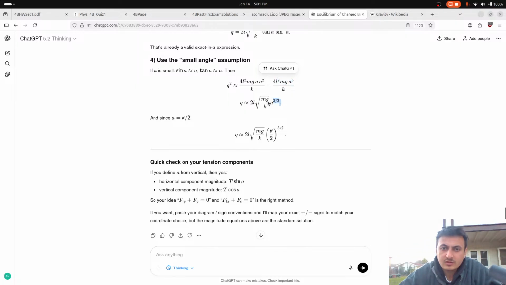What happened here? Oh, no. Okay, never mind. Just a bunch of algebra. It should be enough to just find Q squared, but so then we're going to get 2L square root of mg over K times theta over 2 to the 3 halves. Okay, this is just the algebra.